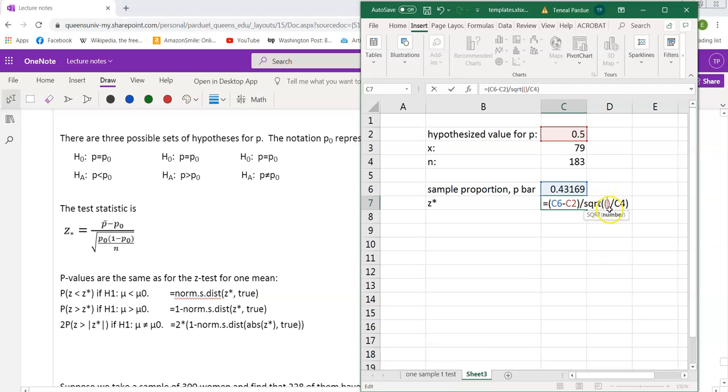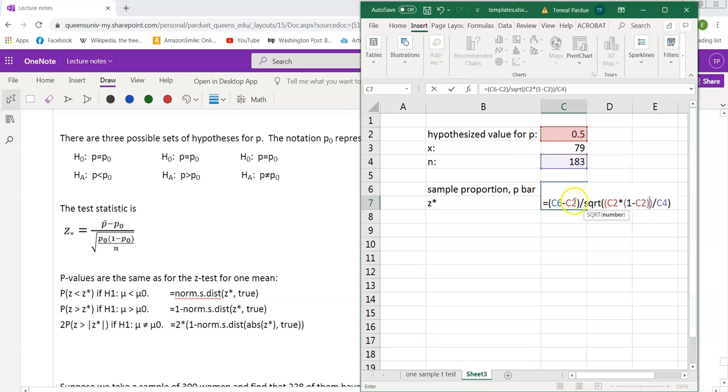So inside this parentheses, we've got our numerator, which is going to be P naught, so our hypothesized value for P, times 1 minus our hypothesized value. Okay.